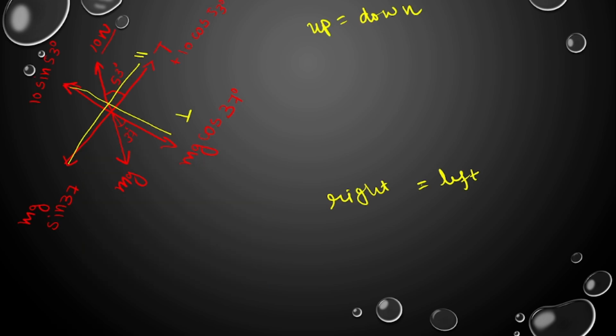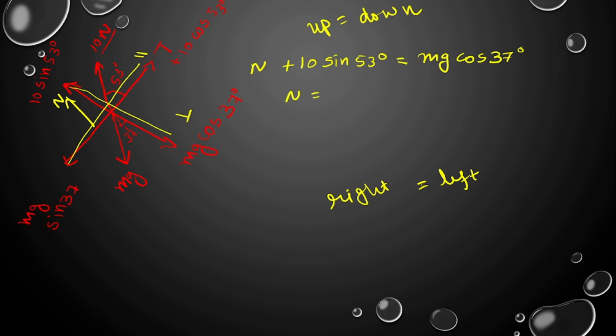Up equals to 10 sin 53 degree, equals to down. No, plus normal. Normal will also act in this direction. Please note that. So plus normal equals to mg cos 37 degrees.